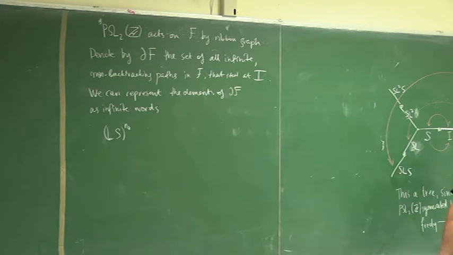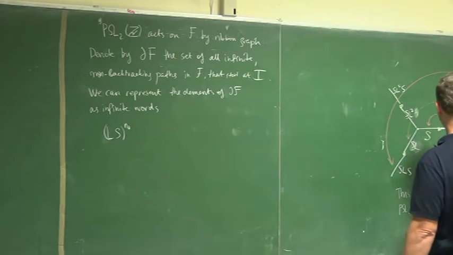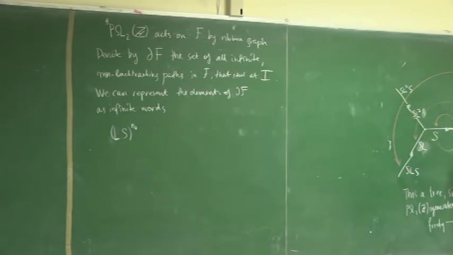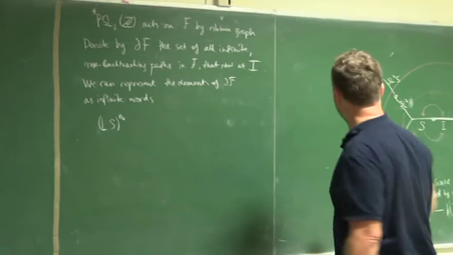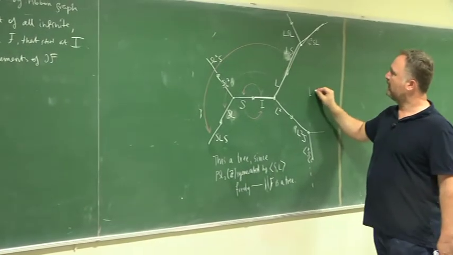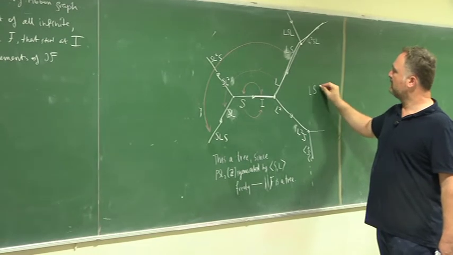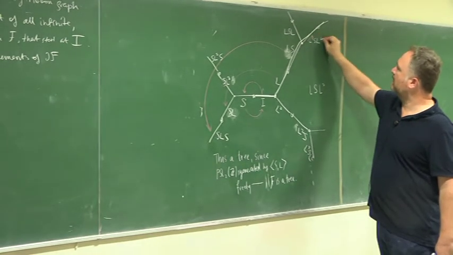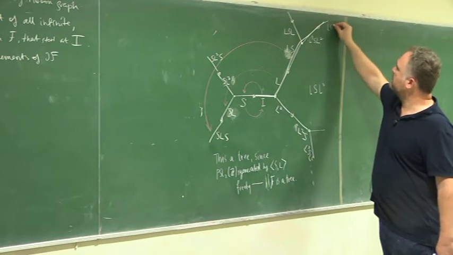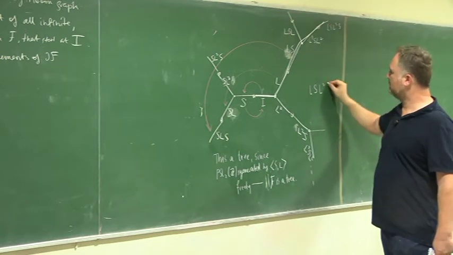So L²SL² goes like this. And so each infinite path, for example, going like this, can be written as an infinite word. In this particular case, it is going to be LS, here it must be L², and L², LS, L²S, and so on.